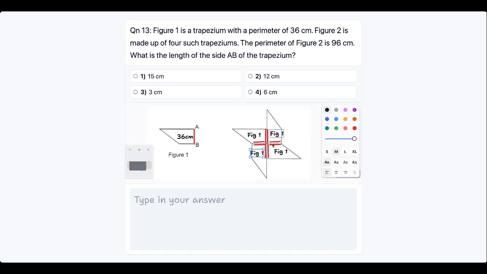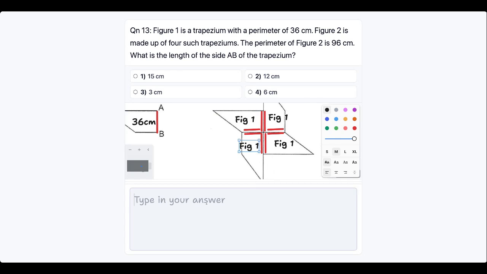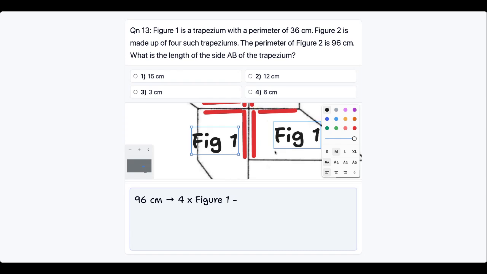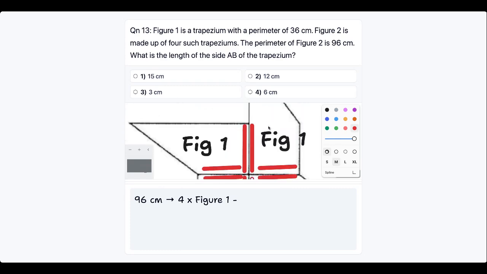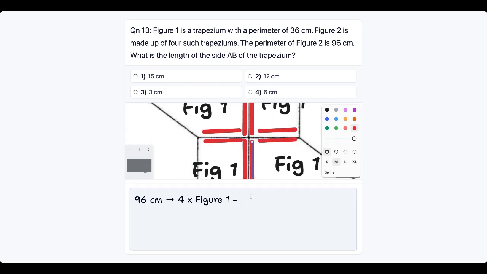But minus of the AB as well. So 96 centimeters is basically 4 times figure 1 minus of the AB. So we have these two lines that are joining together. So we have 1, 2, 3, 4, 5, 6, 7, and 8. So minus 8 AB.